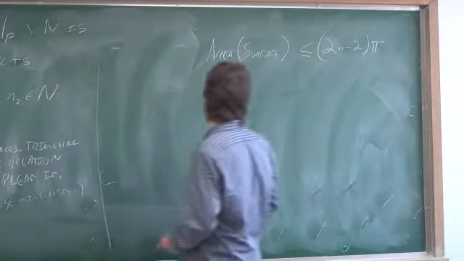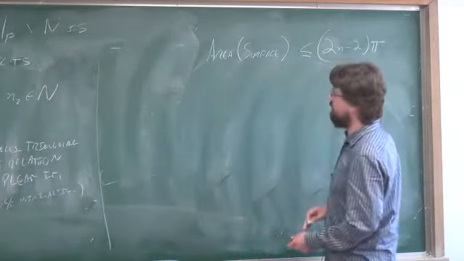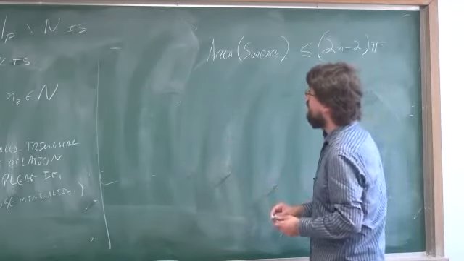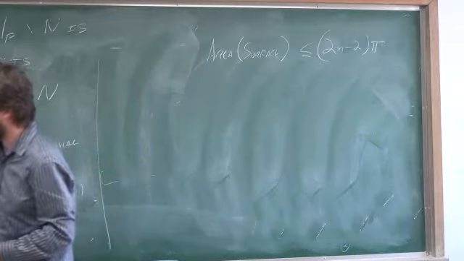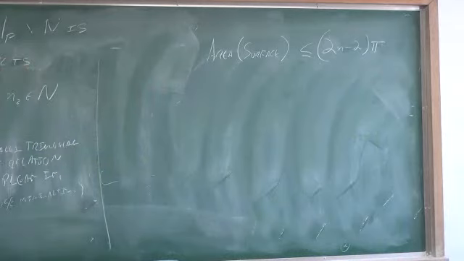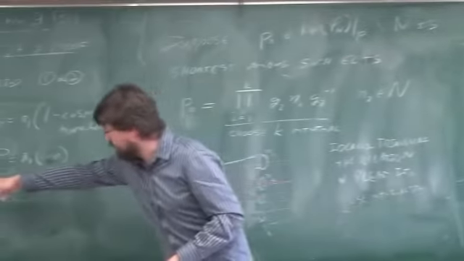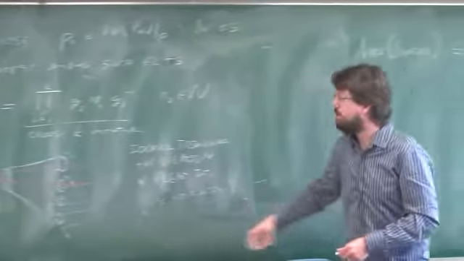I mean, it's equal to that, isn't it? On the other hand, these loops have some length. They have some bound from below on that length, and that gives you a lower bound on the area of the part of the surface that's in the cusp.